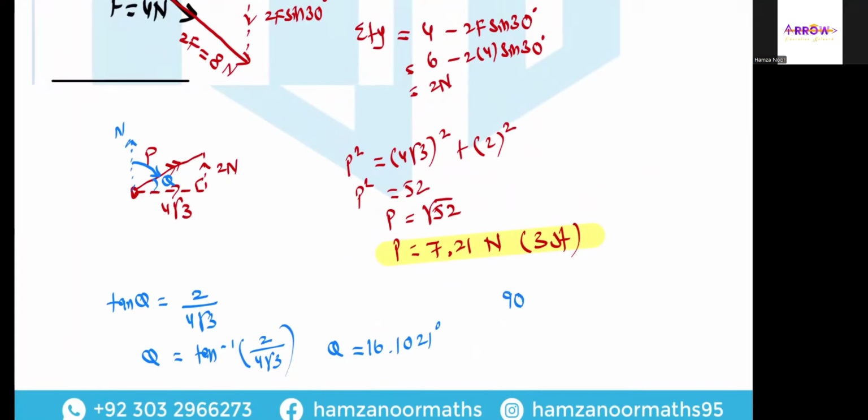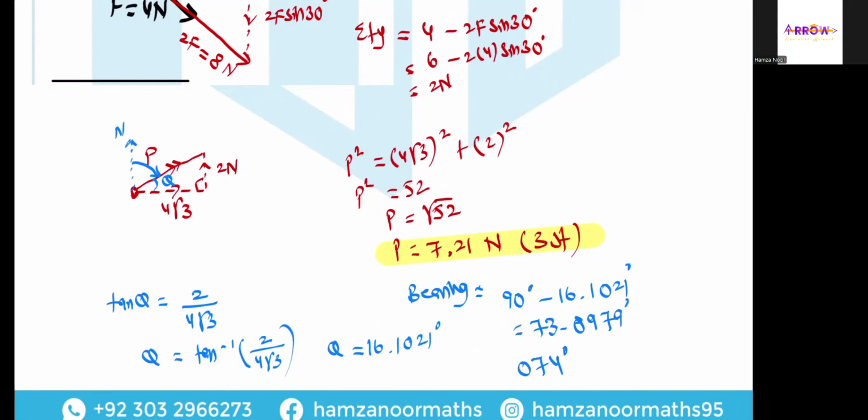The required bearing is 90 minus 16.1021, which is 73.8979 degrees, and correct to the nearest degree, 74 degrees.